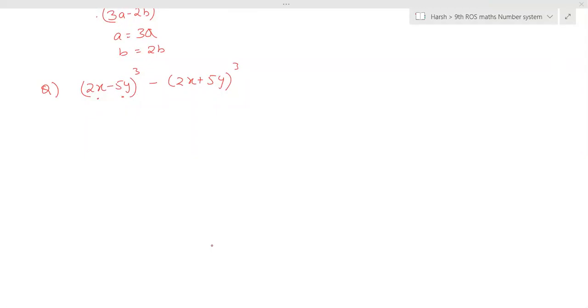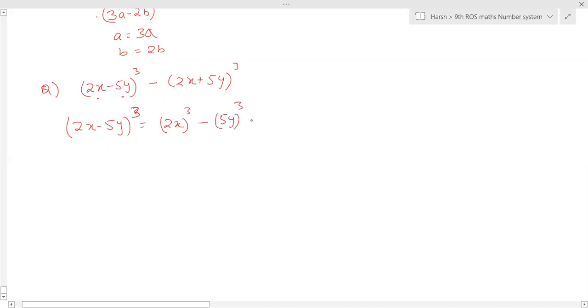I'll write it. Chances of making mistakes will be less if you do it separately. So (2x) cube, a cube minus b cube minus 3a square b plus 3ab square.